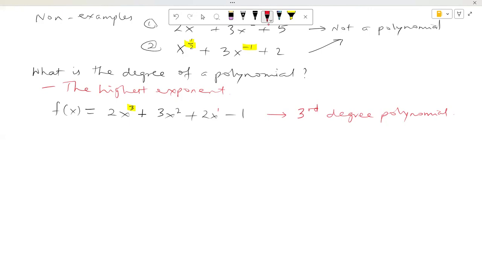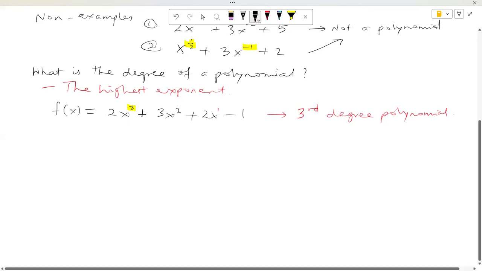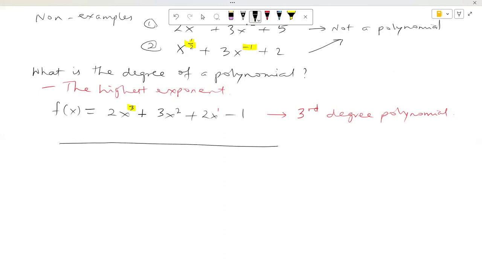Let's try another example. So let's create a little table here, and then I'm going to put a polynomial function here, and then we'll state the degree. So let's look at the first one. If I give you f of x is equal to 3, we have a constant.